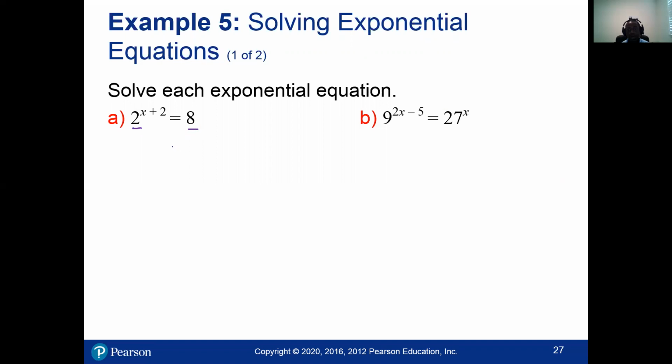So this is 2 to the x plus 2 equal to 2 to the third power. Now that the bases are the same, the exponents are equal: x plus 2 is equal to 3. So when you solve for x, you get 3 minus 2, which is equal to 1.